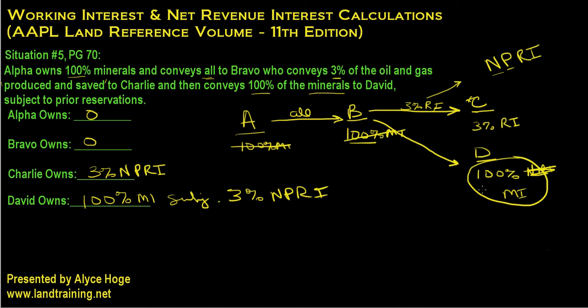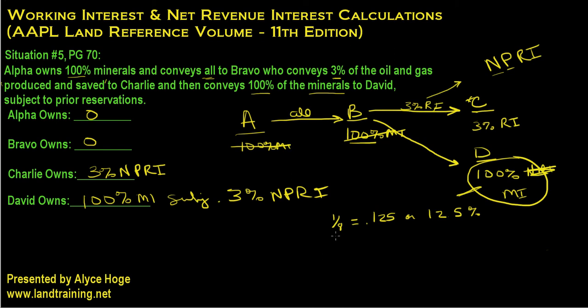That means if there's ever a lease taken on this property and there is a royalty given for that lease, let's say it's a 1/8 royalty, which is a 0.125 or a 12.5%. If David grants a lease and keeps 1/8, he still has to pay this 3% to Charlie.